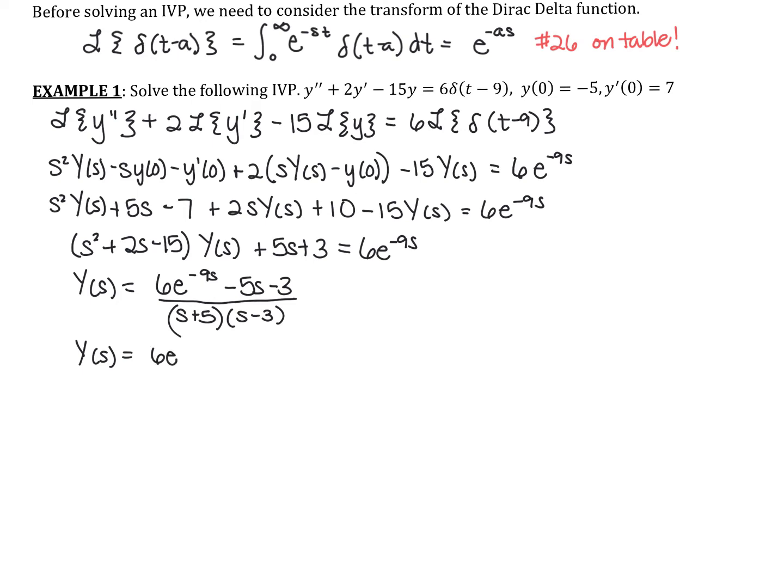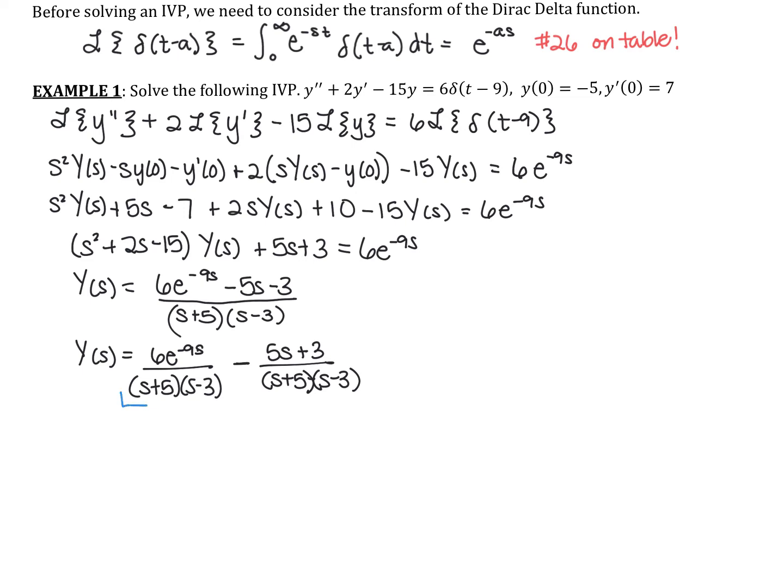I'm going to pull out the 6e to the negative 9s over s plus 5, s minus 3. And then I'm going to pull out a negative and make this positive 5s plus 3 over s plus 5, s minus 3. Okay, so there are really 2 partial fractions here.